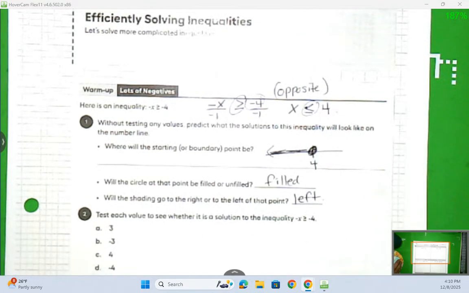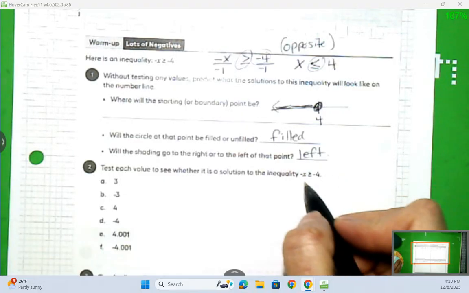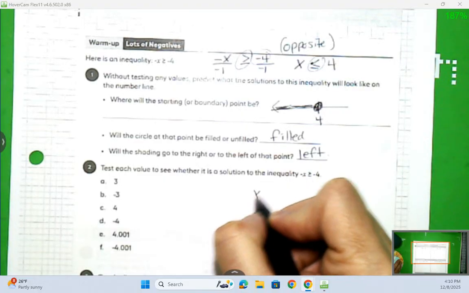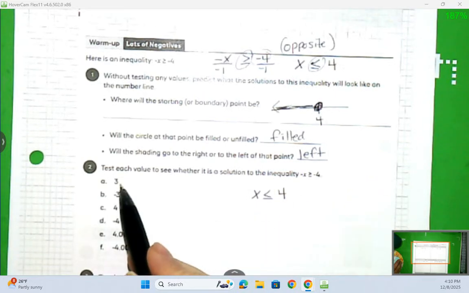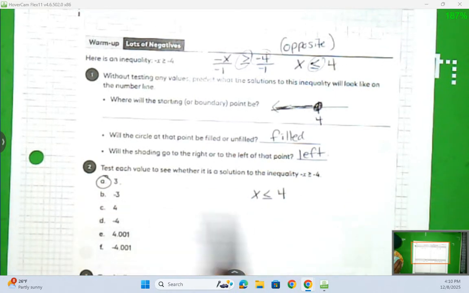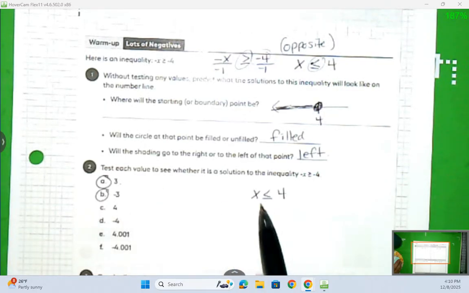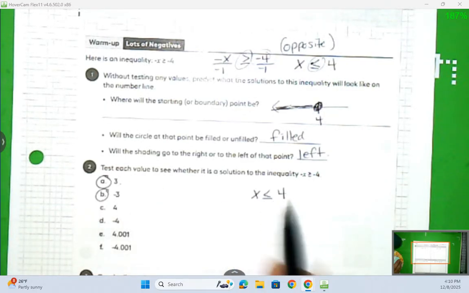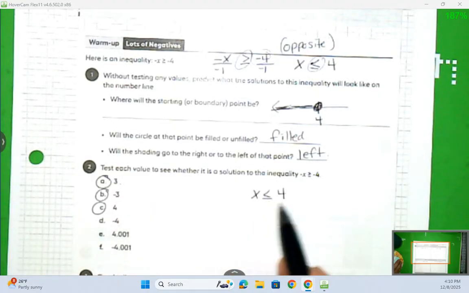Test each value to see whether it is a solution to this inequality. Of course, we went ahead and solved this inequality as x is less than or equal to 4. So is 3 less than or equal to 4? Yes. Is -3 less than or equal to 4? Yes, it's less. Is 4 less than or equal to 4? Yes. Is -4 less than or equal to 4? Yes.